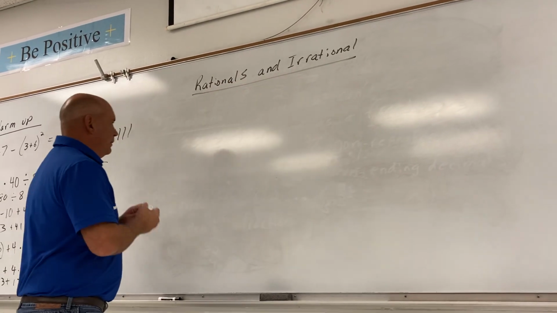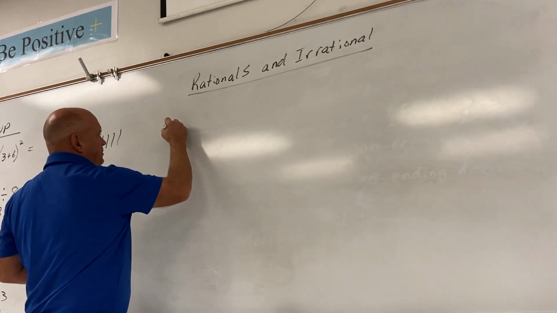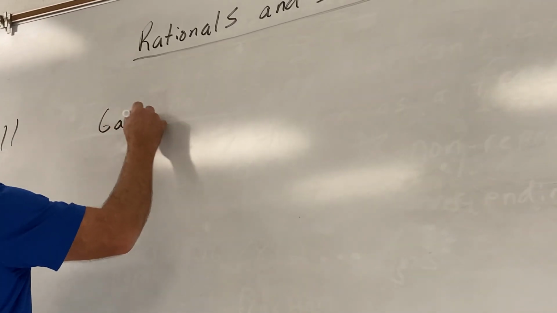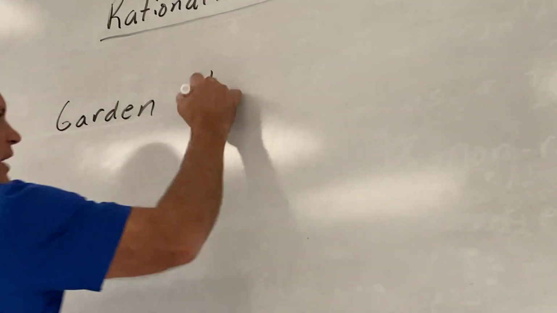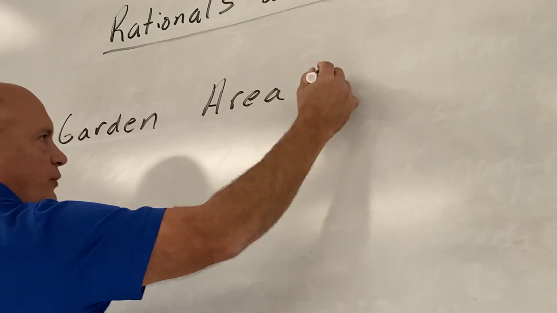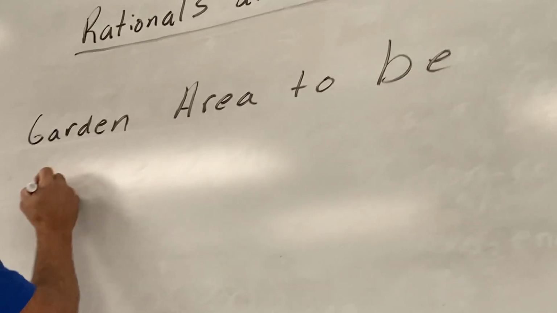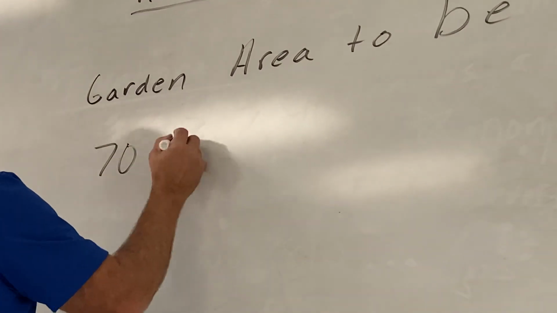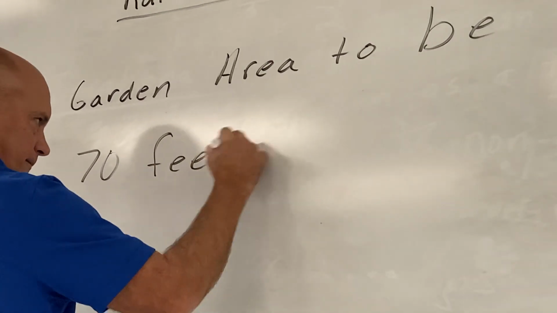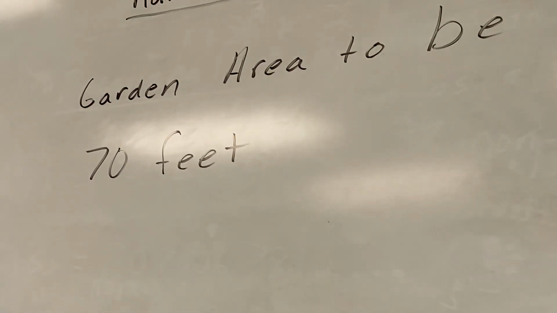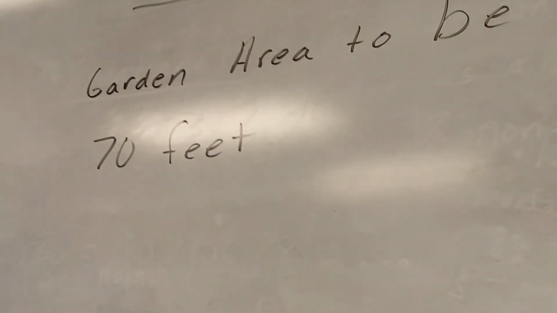And it may be a word problem. Let's say Mr. Murphy's building a garden, and I want the area to be 70 feet. Are you with me? Yes. And I want it to be a square.